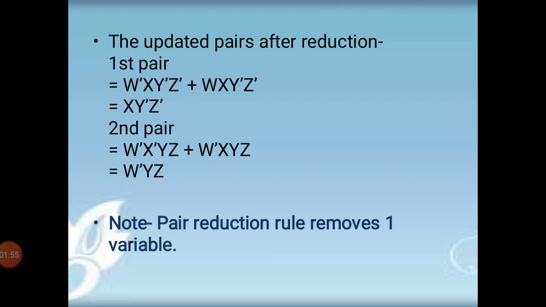In the second pair, X complement changes to X. So we remove this X variable, and the final expression is W complement Y Z. One thing keep in your mind, after pair reduction rule, it removes one variable from the expression.